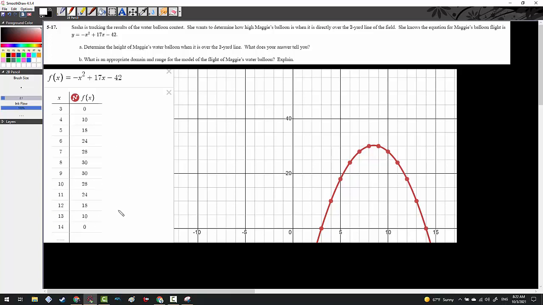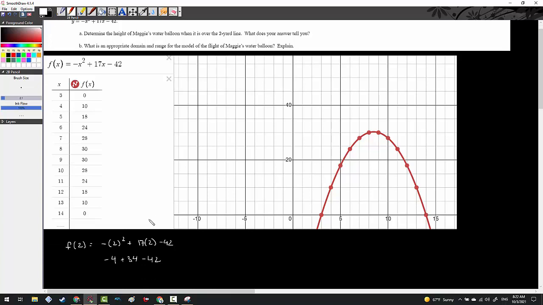If I plug in f of 2, that's going to look like negative 2 squared plus 17 times 2 minus 42. That's going to give me negative 4 plus 34 minus 42, which simplifies to 30 minus 42, which is negative 12.